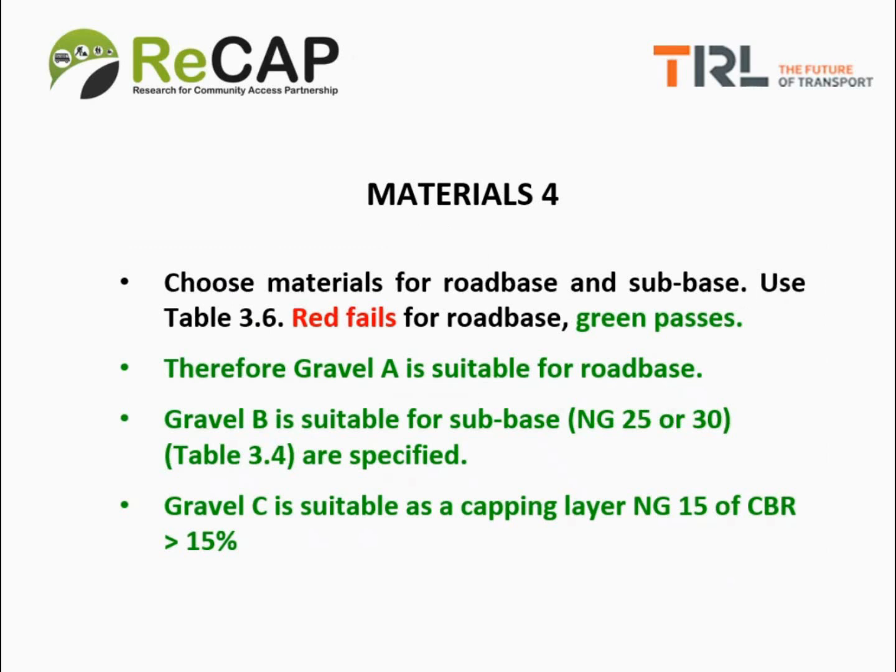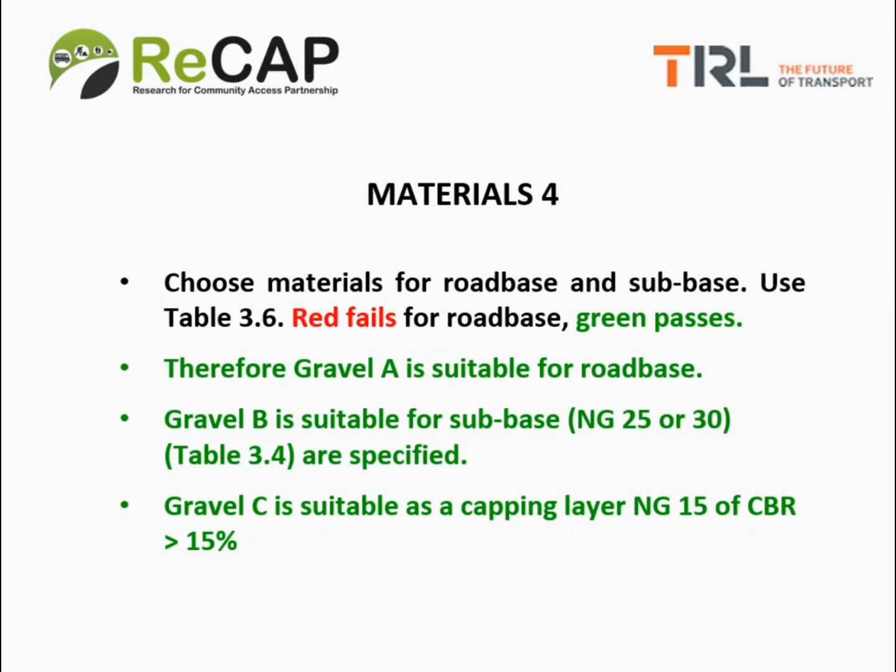So we choose materials for the road base and sub-base. The red fails the specification test, the green passes. Therefore, gravel A for road base, gravel B is suitable for sub-base, and gravel C is suitable as a capping layer if we need a capping layer.